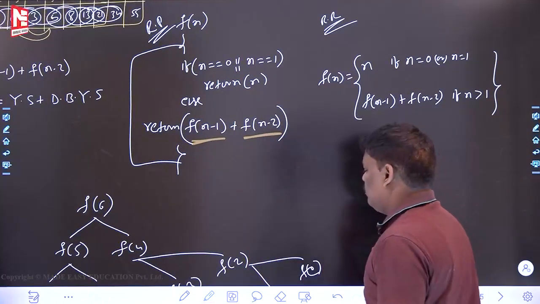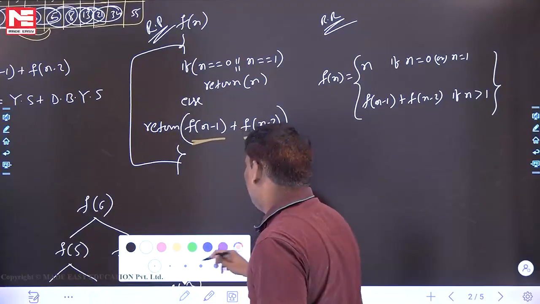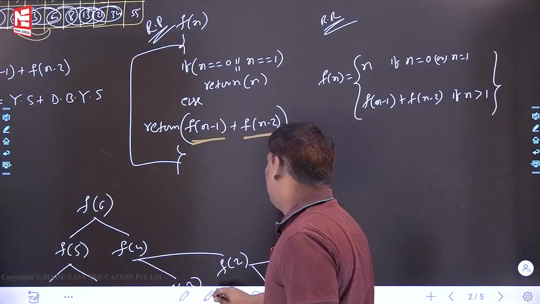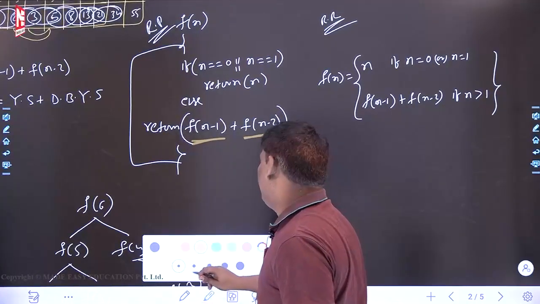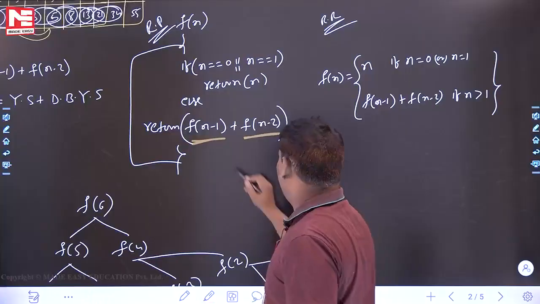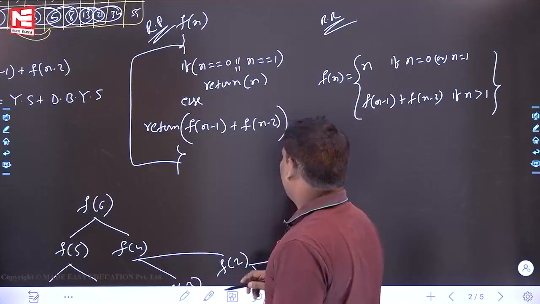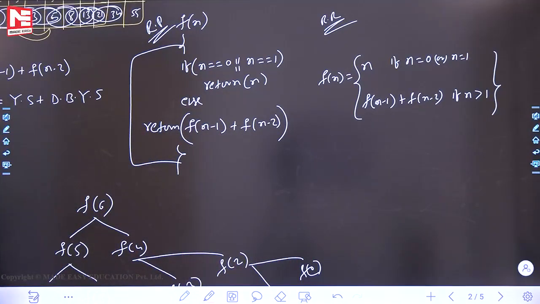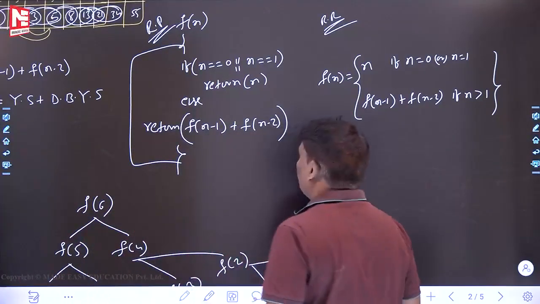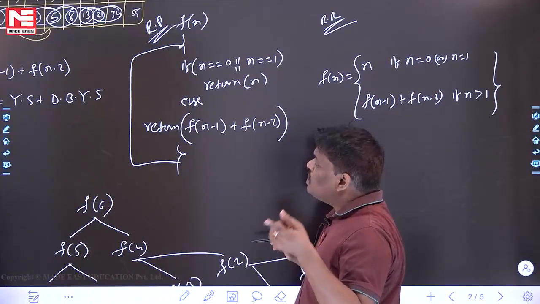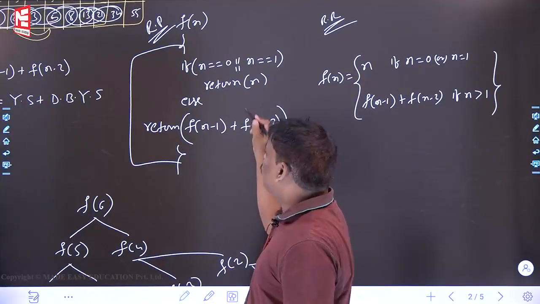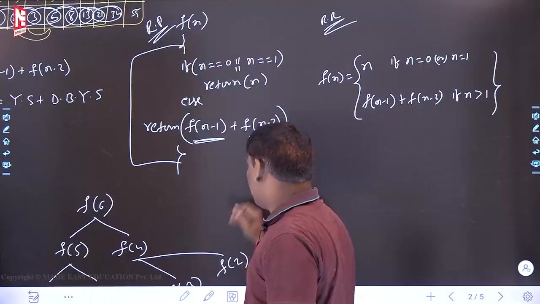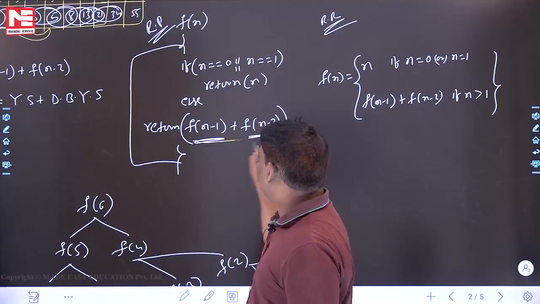So comparing the previous problem and this problem, the previous one is a unary tree and this is a binary tree. The reason it is a binary tree is that there are 2 function calls. That is the reason the binary tree came.